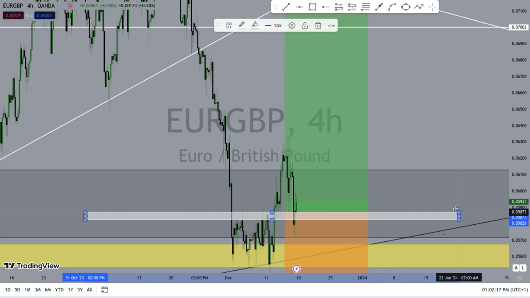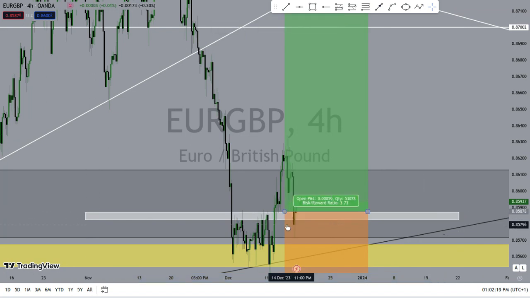So the market did break above this level, came to retest it, and then we're in. So the Euro GBP trade triggered, and we're in.